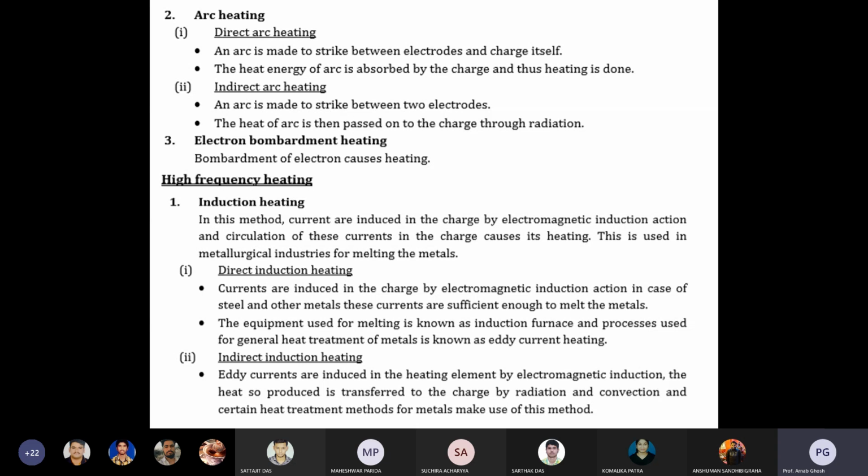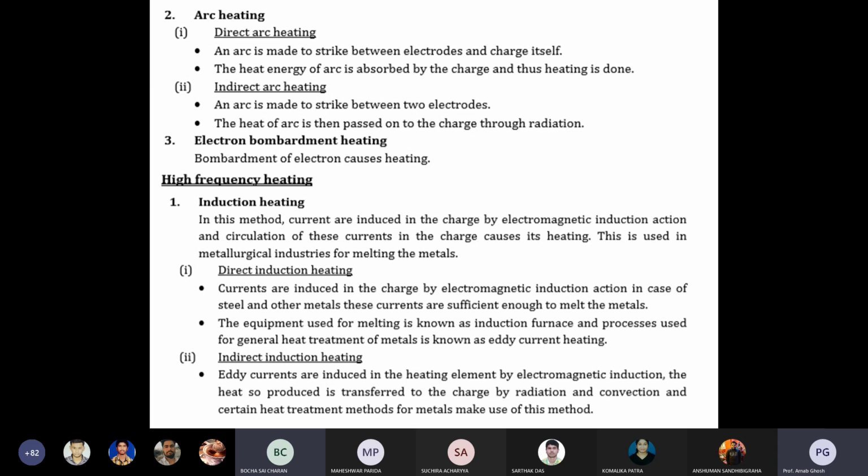Arc heating means arc, directly, similar types of options: direct arc heating and indirect arc heating. Arc heating means the charge behaves like an indirect arc. Normally an arc is observed across two terminals of electrodes. One of the electrodes will be your charge material, and the other electrode will be as it is.